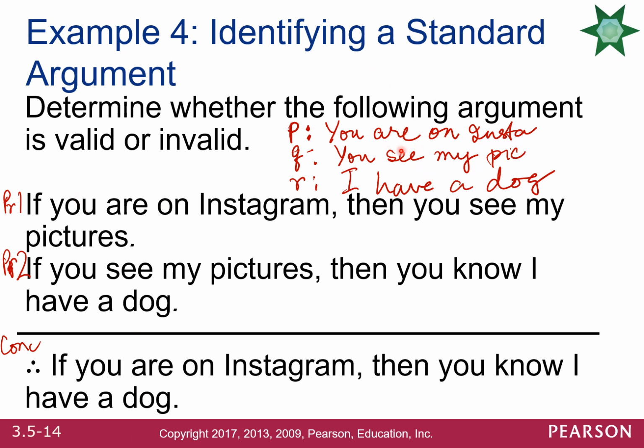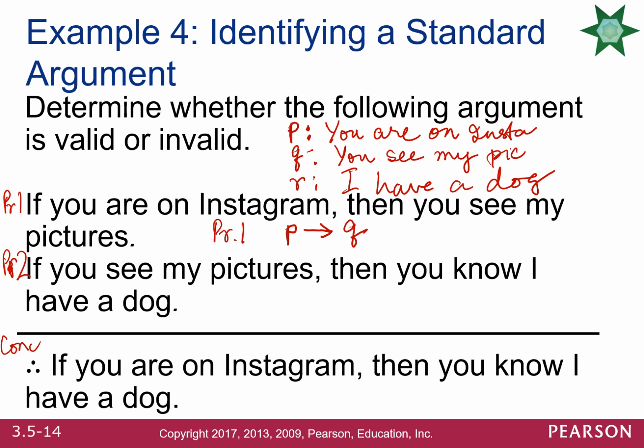Based on these simple statements, let's see how we can put together the first premise in symbolic form. Again, it's an if statement, so it's going to be a conditional statement. If you are on Instagram, which is P, followed by the one directional arrow, and then you see my pictures is Q. So if P, then Q is premise 1.